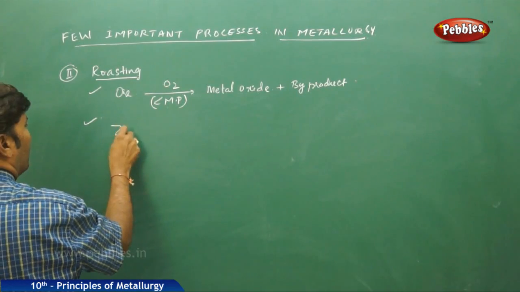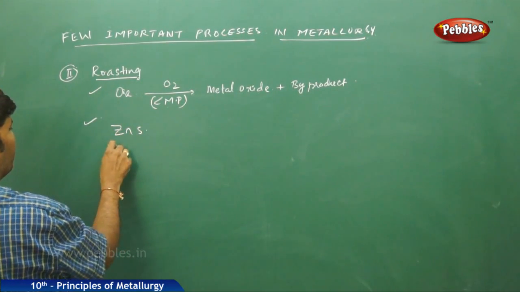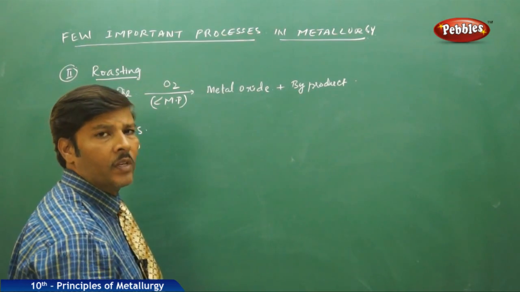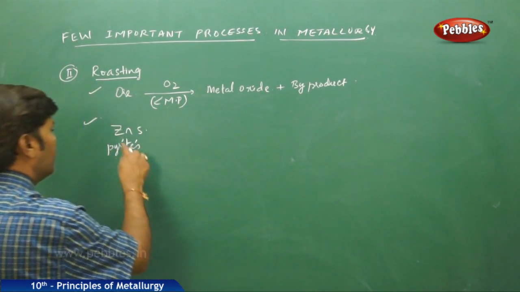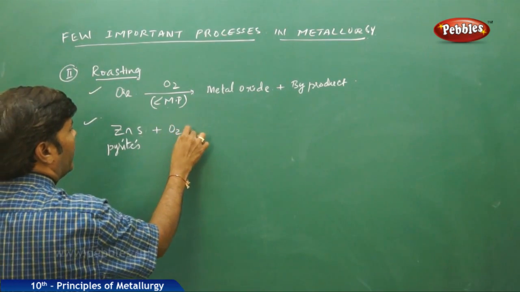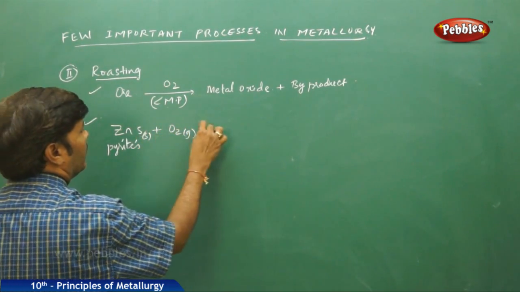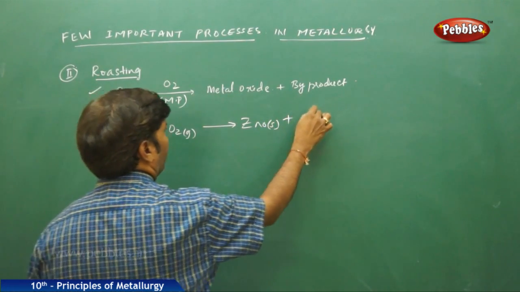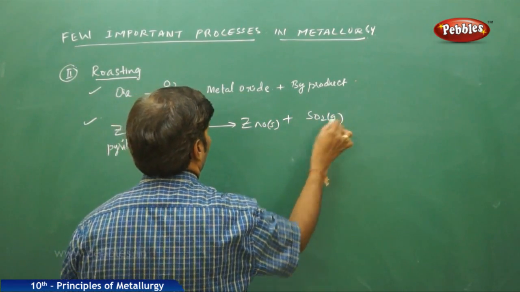So if you take for example pyrites, all pyrite mineral ores are subjected to roasting. Zinc sulfide, zinc pyrite, if it is treated with oxygen gas, it gives zinc oxide solid plus sulfur dioxide gas.